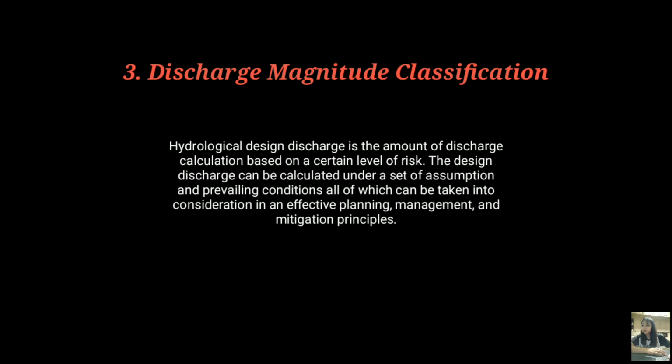And the third flood risk calculation procedure is a discharge magnitude classification. Hydrological design discharge is the amount of discharge calculated based on a certain level of risk. The design discharge can be calculated under a set of assumptions and prevailing conditions, all of which can be taken into consideration in effective planning, management, and mitigation principles.